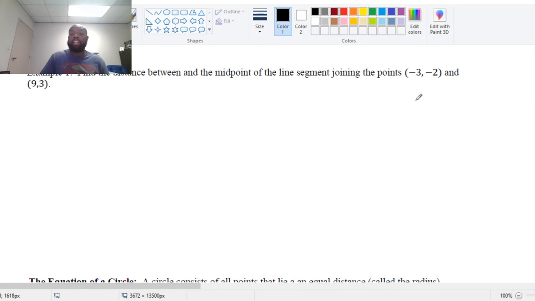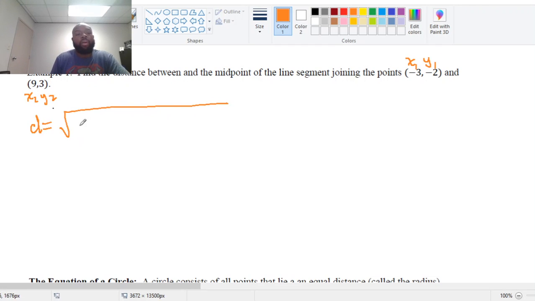The 2 points I'm going to be interested in here are -3, -2, and the point 9, 3. If I want to find the distance, I can label this point x1, y1, and this one x2, y2. When I'm learning formulas, I always write them out until I have them memorized. So until I memorize this formula, I'm going to write it out each time, even when I'm doing my homework problems.